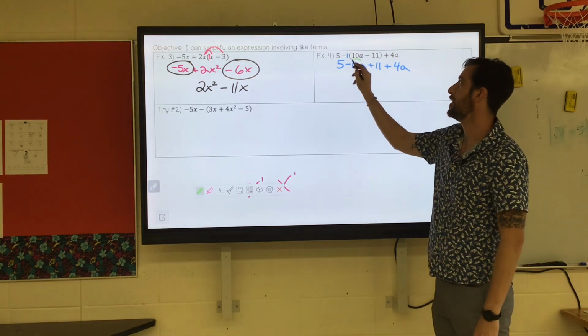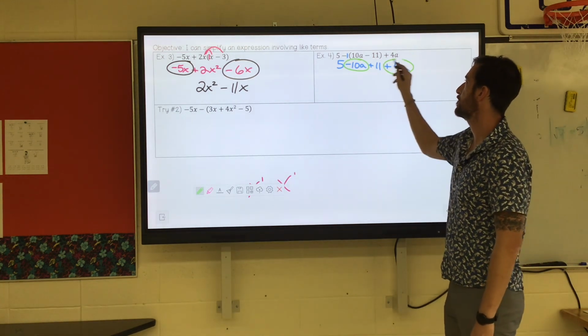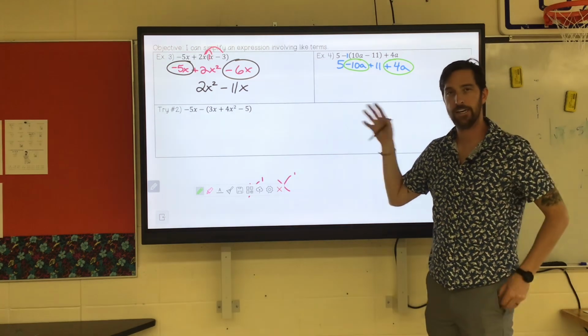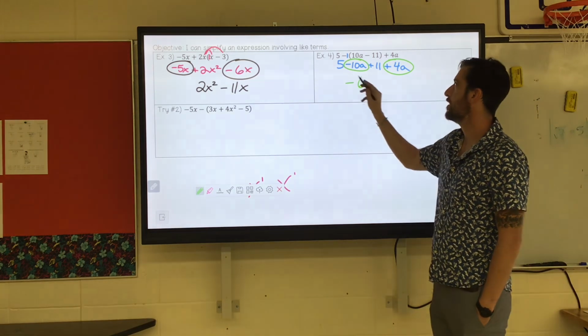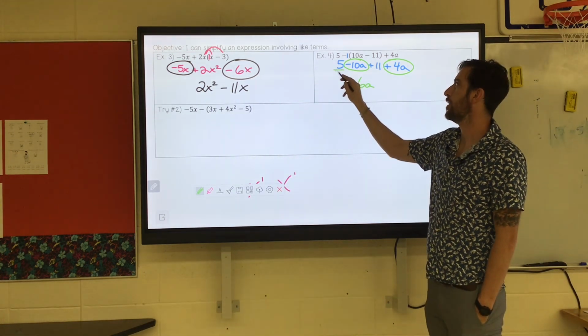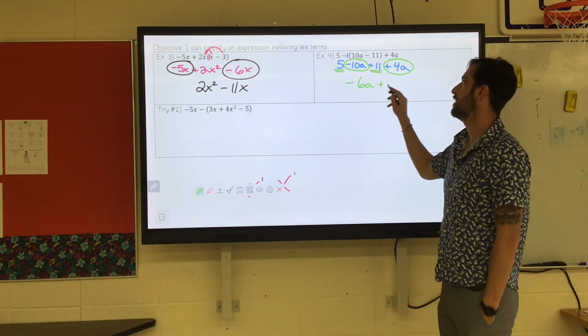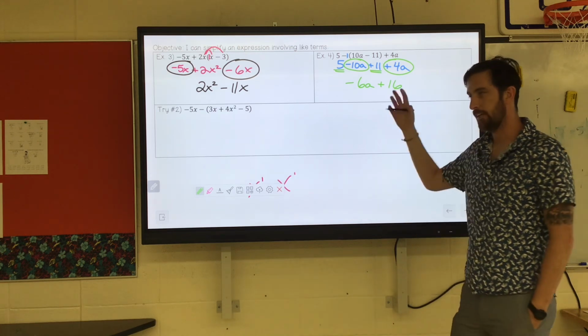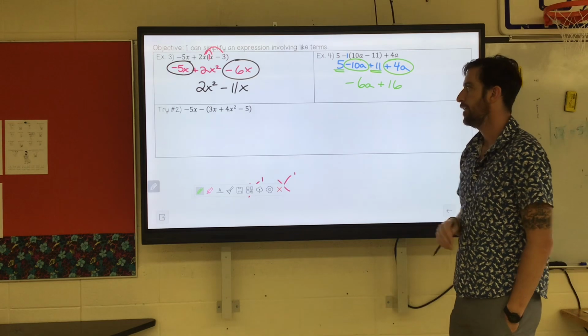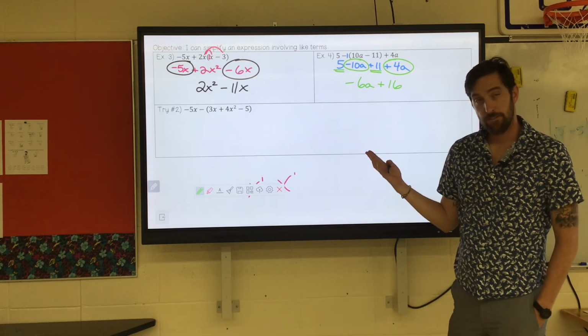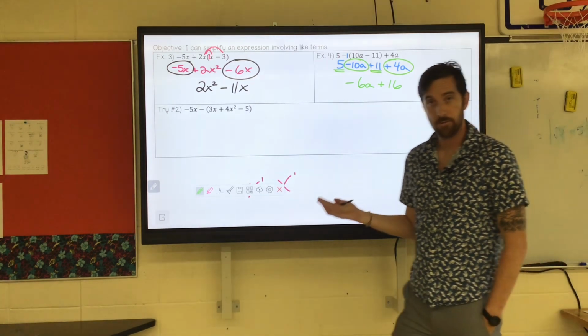So I'm going to combine the -10a plus 4a, and I'm going to write that first. -10 plus 4 is -6a. And then our regular integers, we just have 5 plus 11, that's 16. You can't combine those terms. They're unlike terms, so you're all done. So I have one here for you to try. Go ahead and pause it, give it a whirl, see how you do.